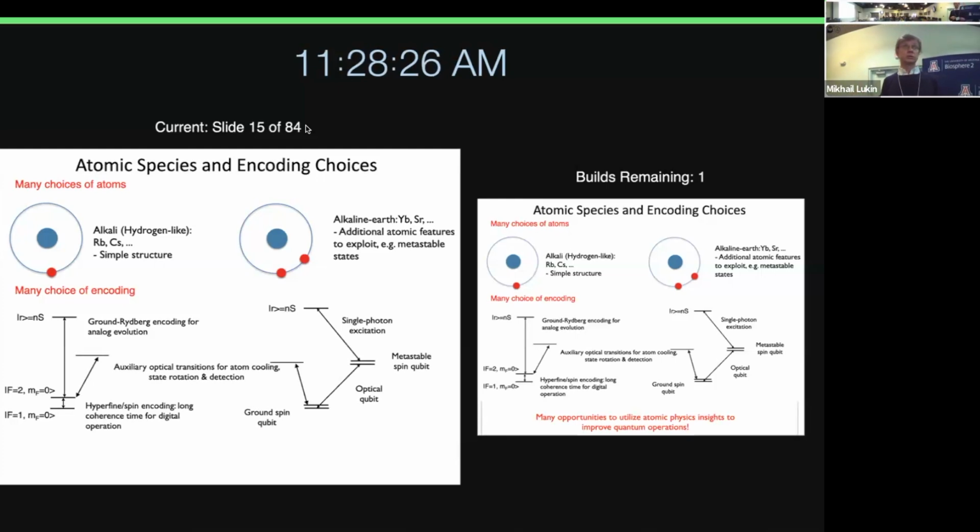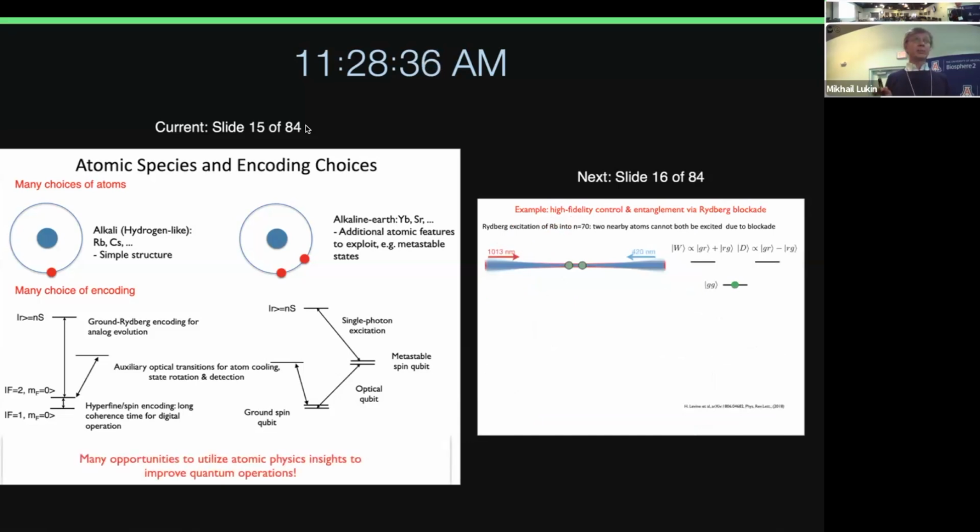In addition, of course, you have other transitions in atoms, typically used for atom cooling, state rotation, and detection. So there are many opportunities, and I think these opportunities are now starting to be exploited, depending on the application, depending on what you want to do.